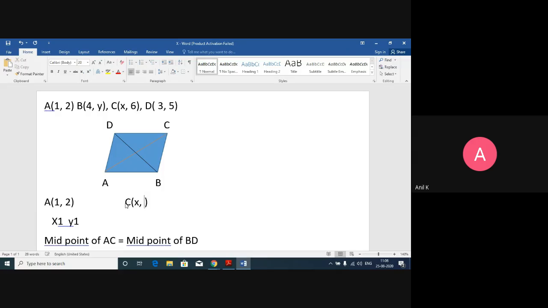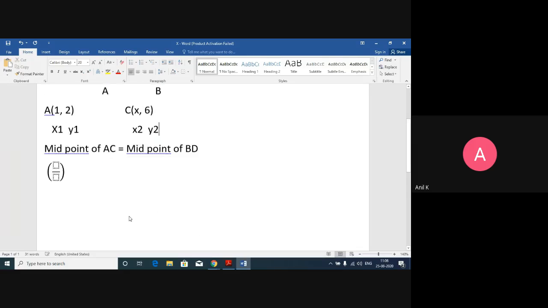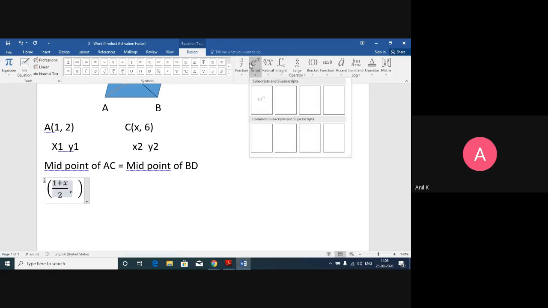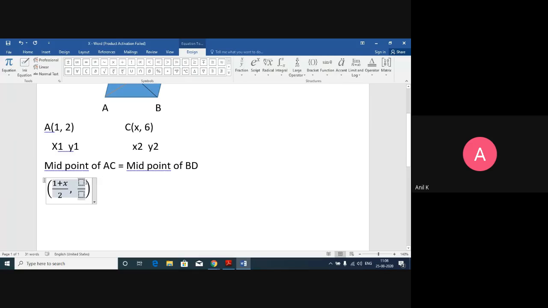The point given is (x, 6). According to the midpoint formula, I can write (x1 plus x2) by 2, that is (1 plus x) by 2, and (y1 plus y2) by 2, that is y1 value 2 plus y2 value 6 upon 2.